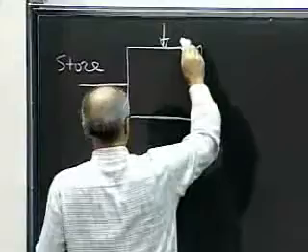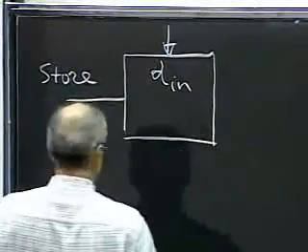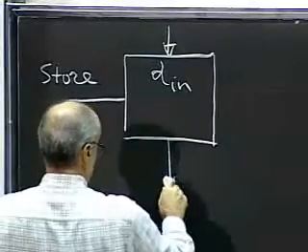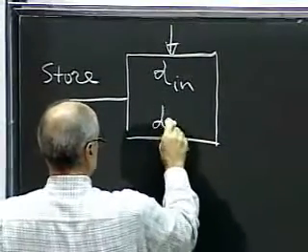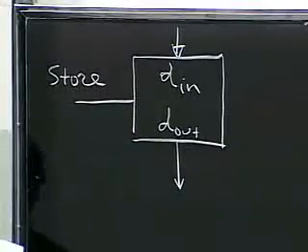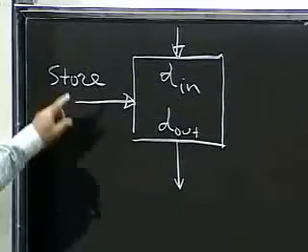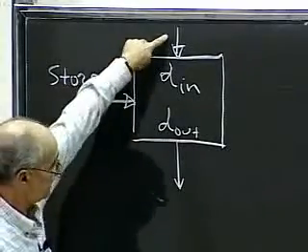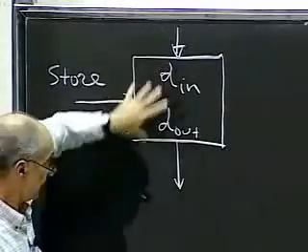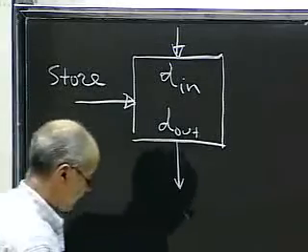It has a state input that we will call D in, and has an output, D out. So when we're telling this element, okay, now it's time to store, it looks at the input D in and stores it for, in principle, infinite amount of time.